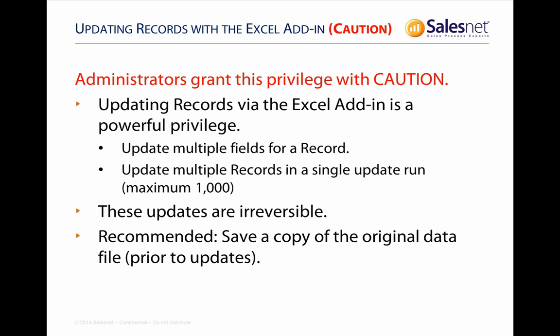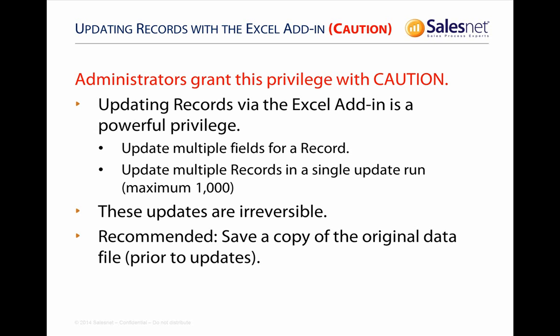Okay, so we're not just tied into hard coding a single value in these scenarios. If I want to download my list of customers and update their phone numbers and websites, then I can do that within Excel, and I can turn around and push those updates back into Salesnet.